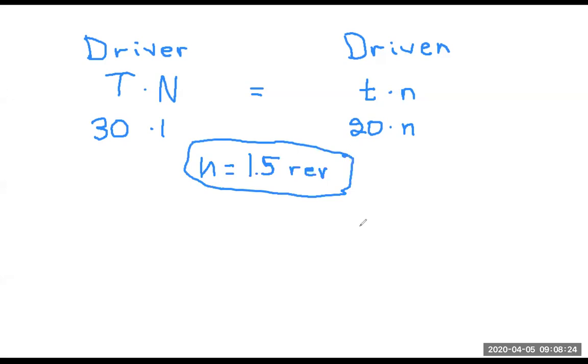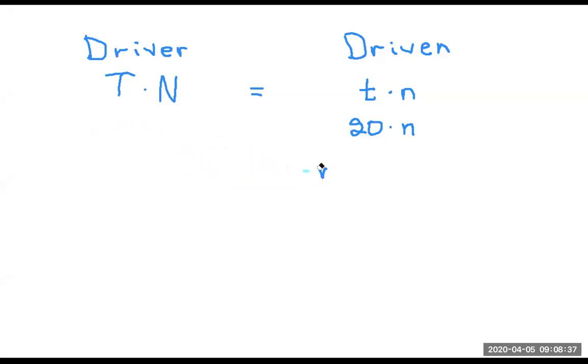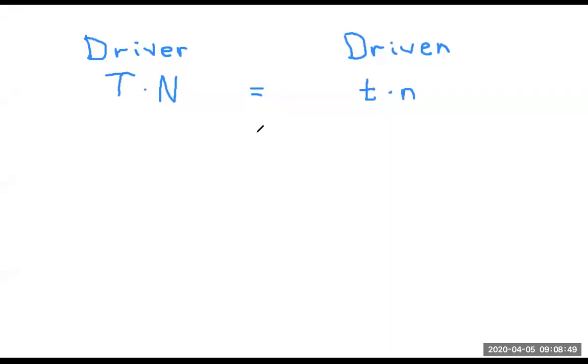All right, so now let's look at example 2. Let's erase a bunch of stuff. We'll keep the formula, but we'll get rid of all the stuff we did here. And example 2, a driven gear of 70 teeth makes 63.0 RPM.